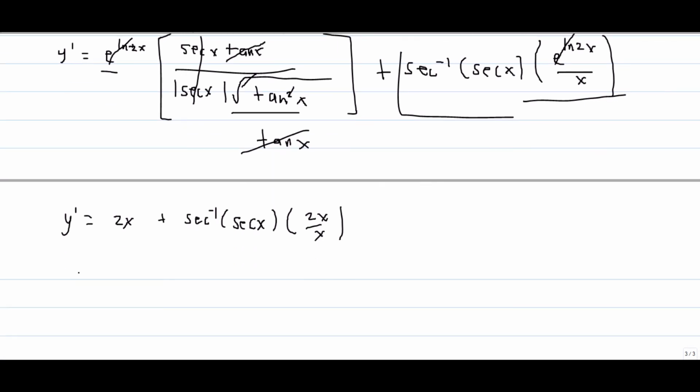So to finalize our answer, y prime is equal to 2x plus, we can also cancel x over x, and that remains 2. So we have 2 secant inverse of the quantity secant x. So that is the final answer.